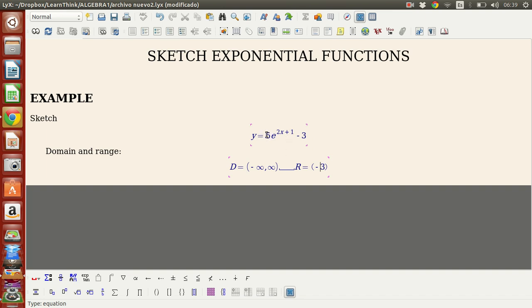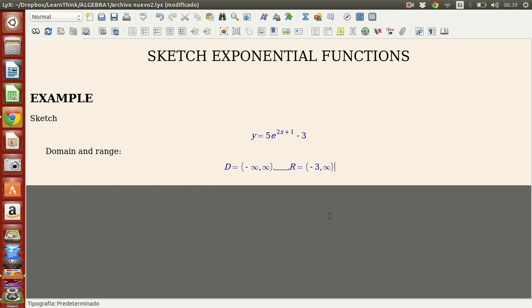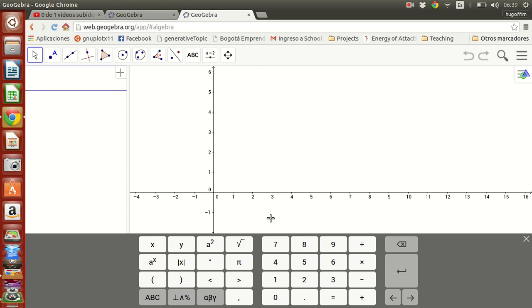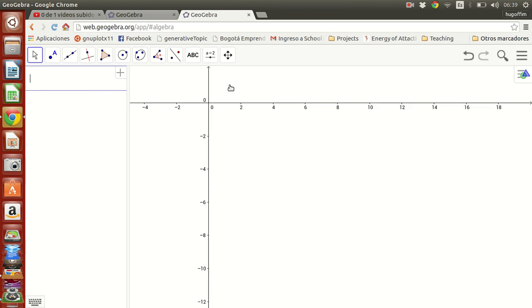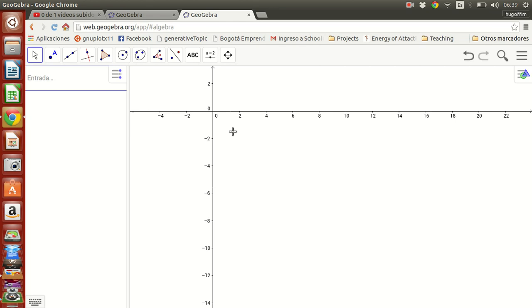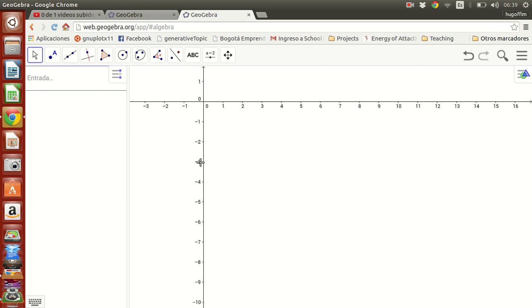In this case, it's 5, a positive number, so the function is going to infinity. We determined domain and range. The range starts at minus 3 and goes until infinity.